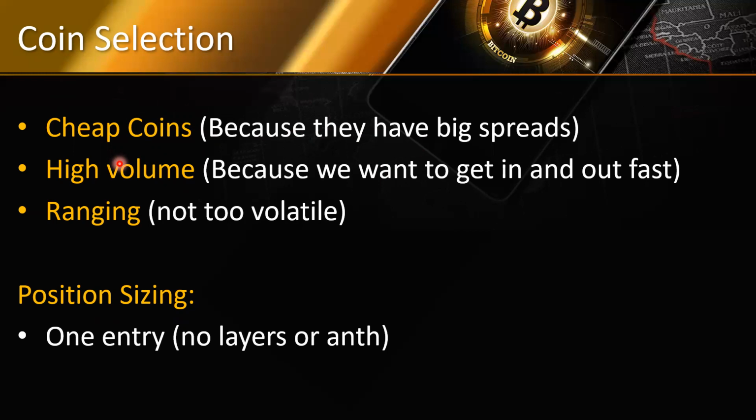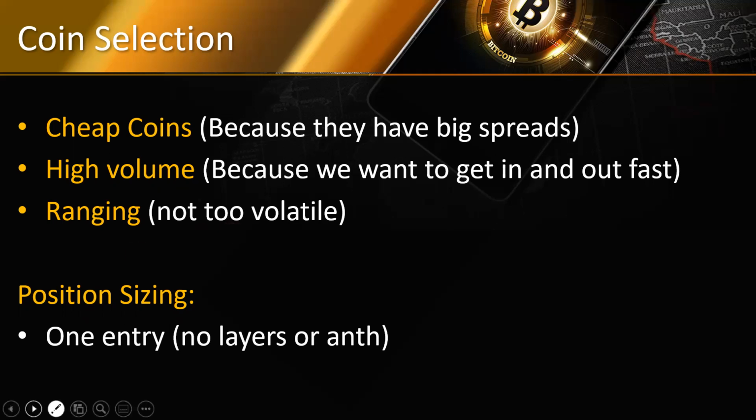We want high volume because we want to get in and get out fast. We don't want to wait forever, and we want something that is ranging, not too volatile. We don't want a coin which is moving crazy right now. We want a coin that is moving normally and is stable, in order to eliminate risks.